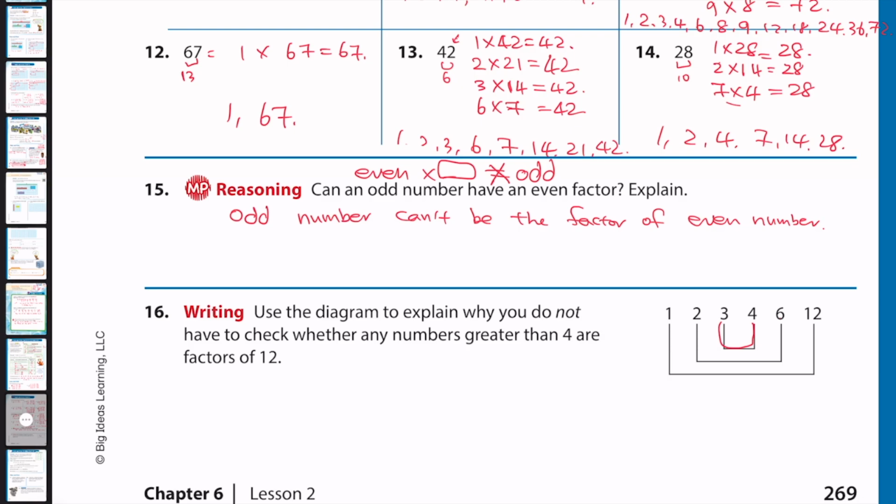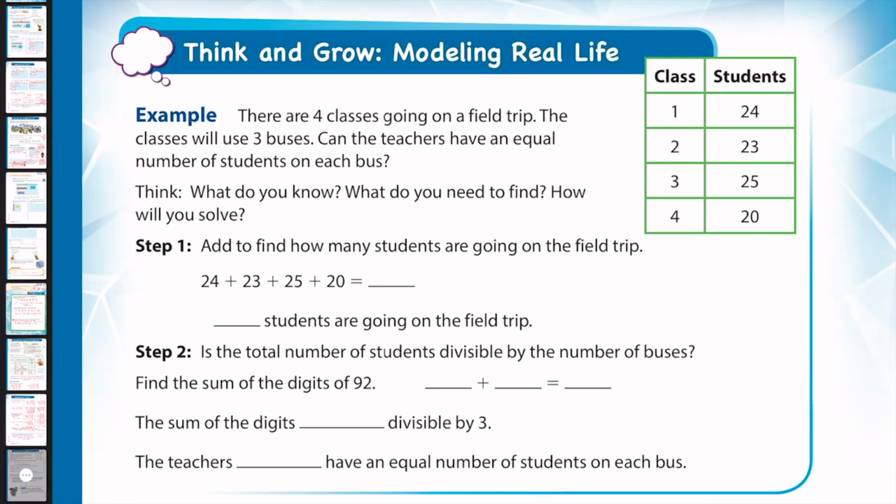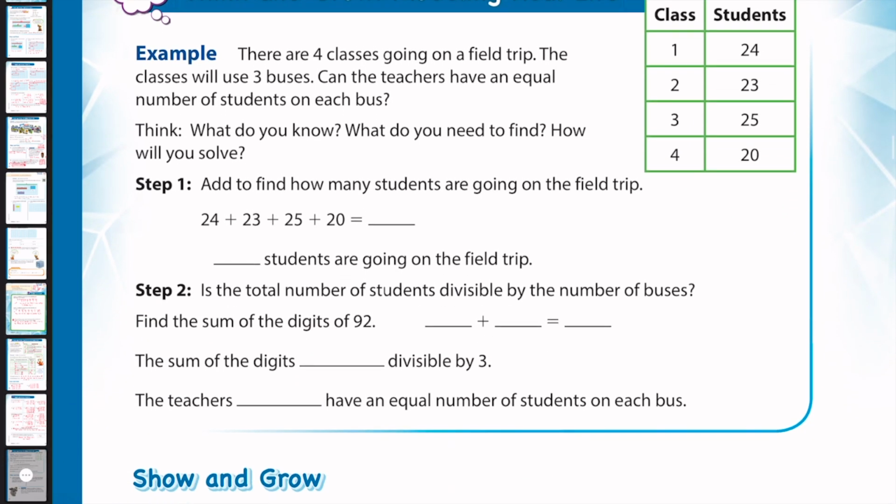Because the factor pairs will repeat, there's no point in doing it over again. Now, let's go to the last page.